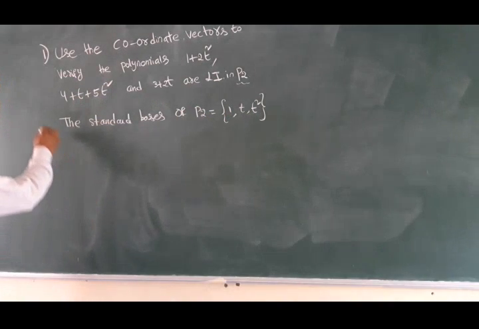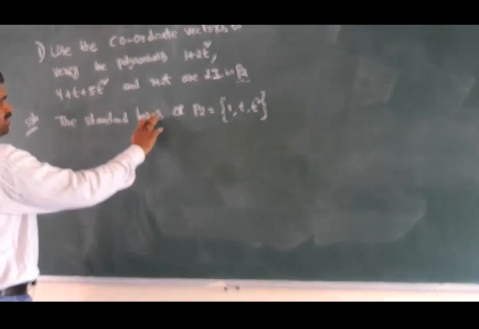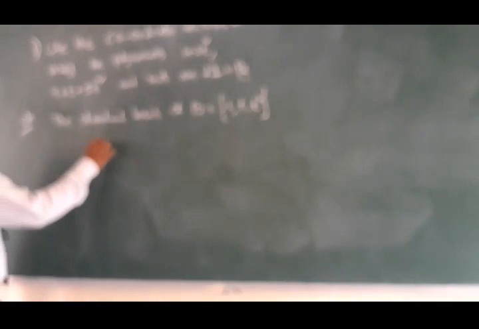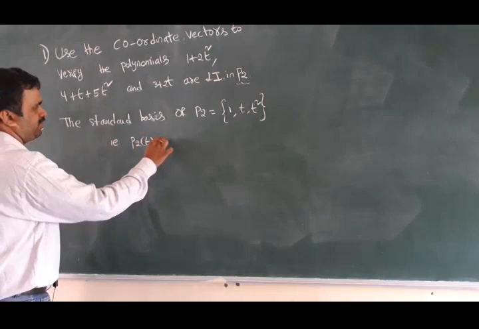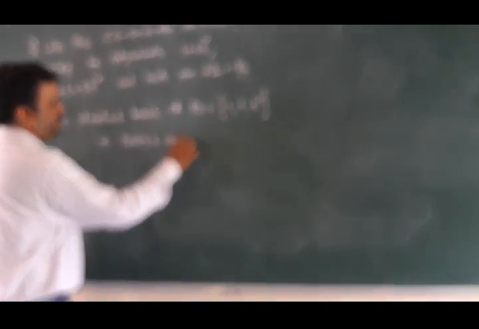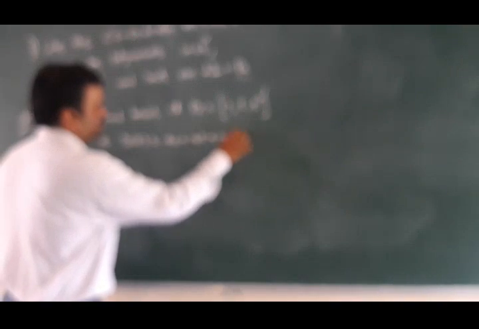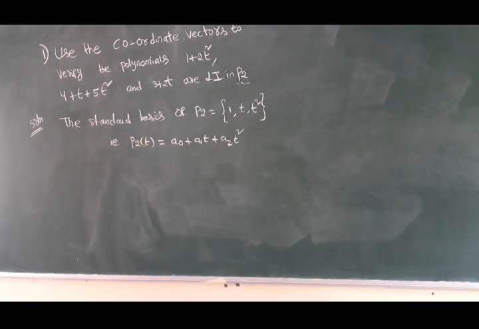So I define the standard basis of P2 as 1, t, t square, that is, p of t equal to a0 plus a1t plus a2t square.